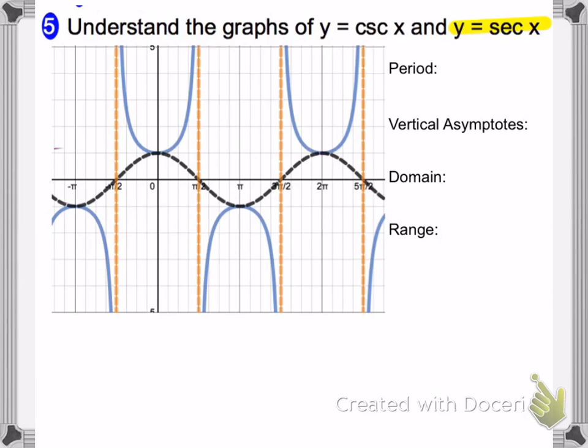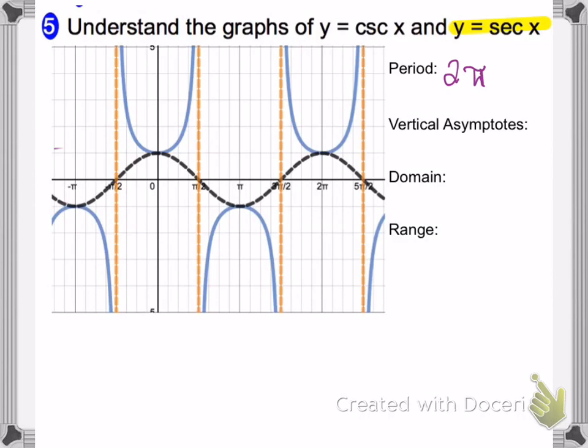Taking a look at secant now, secant is the reciprocal of cosine. So the cosine graph is shown to you in black, and the secant graph is shown to you in blue. Again, we have vertical asymptotes with secant. However, it takes 2 pi before secant starts to repeat itself.